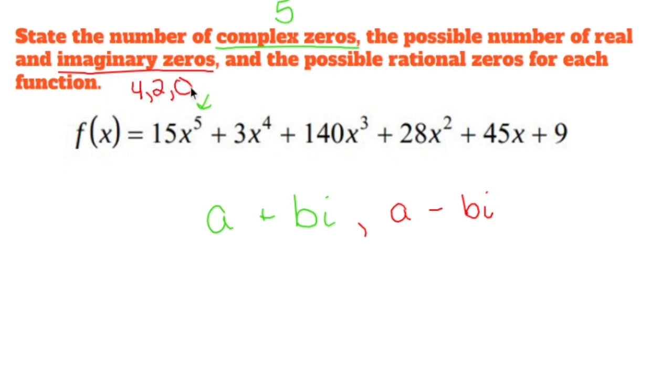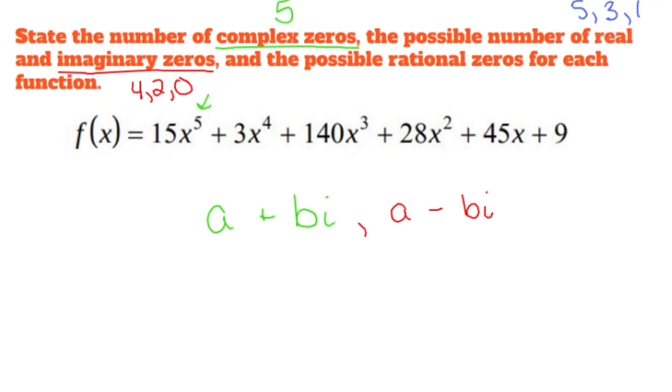It's basically even numbers all the way up until you hit complex, but you're not allowed to go beyond it. So since my highest degree is 5, I start out with 4 and work my way down. What that means is since I could have 5 real numbers, I could also have 3 real numbers, and I could also have 1 real number.